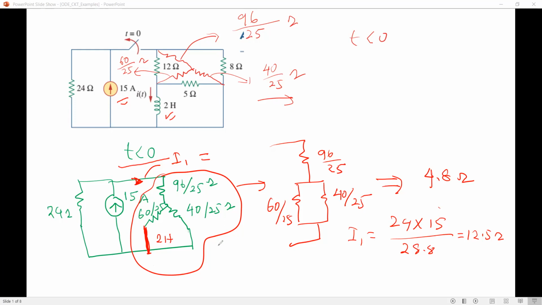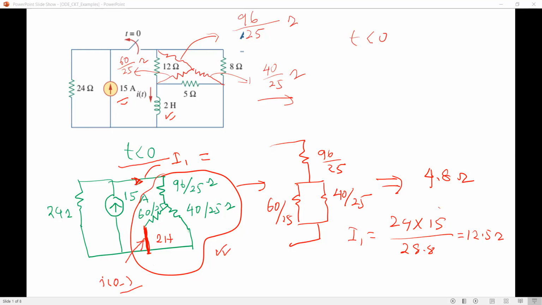Then your network will look like this. You need to determine the current flowing through the inductor, which we call I0 minus. For that, simply use the current divider rule twice.